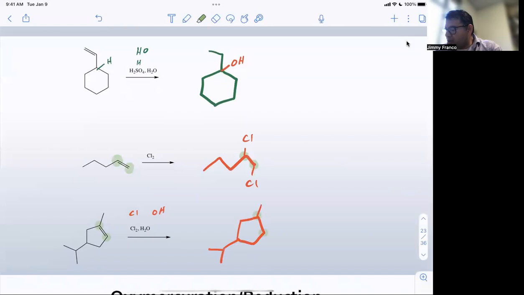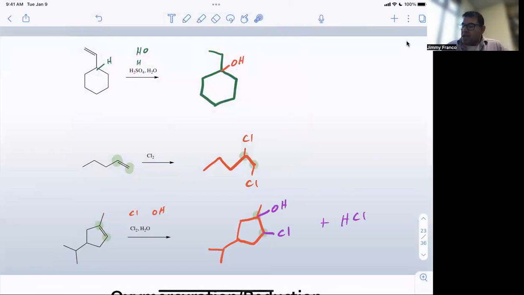Here's where the double bond was. We want to see which one is attached to more carbons. This one's attached to 1, 2, 3. This one's only attached to 2. So my alcohol is going to come off of this carbon, my chlorine off the other, and our byproduct is HCl.